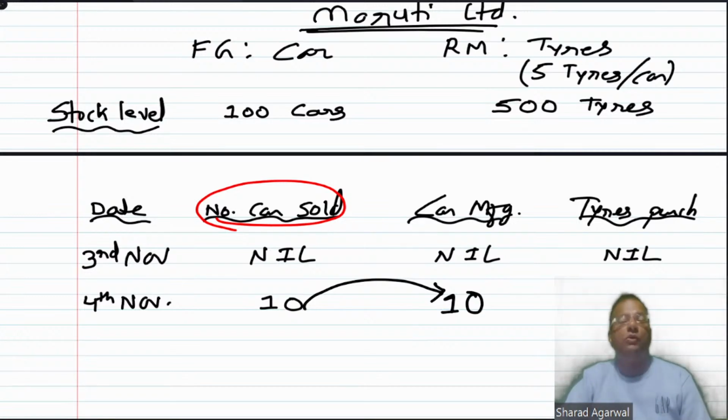Whether we have to wait for the availability of raw material to manufacture these 10 cars since they will be received from the supplier, yes or no? I'm waiting beta, please revert.